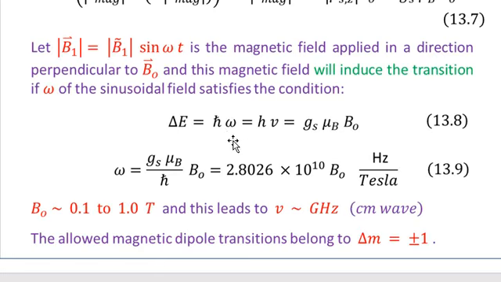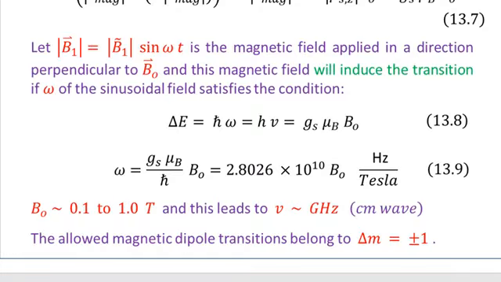That is, the angular frequency of the field B1 is chosen such that, multiplied by h bar, it equals the energy difference delta E between the two levels. So h bar omega, which can be written as h nu, is equal to Gs mu B times B naught.